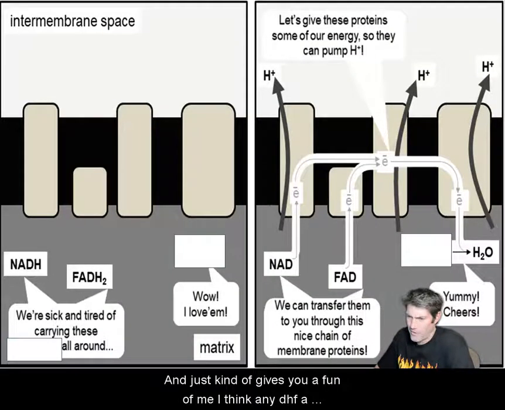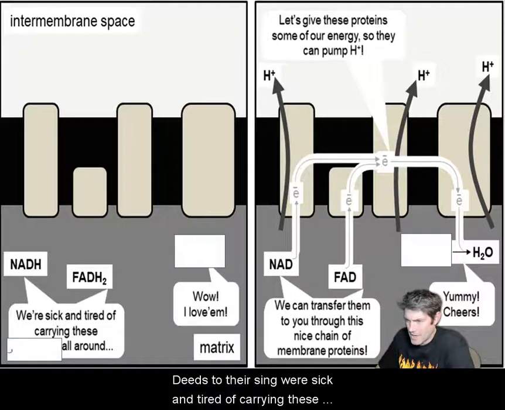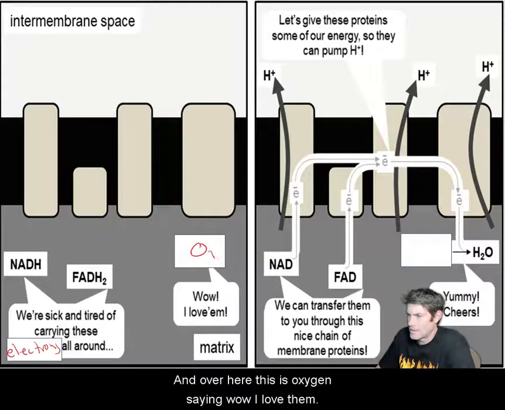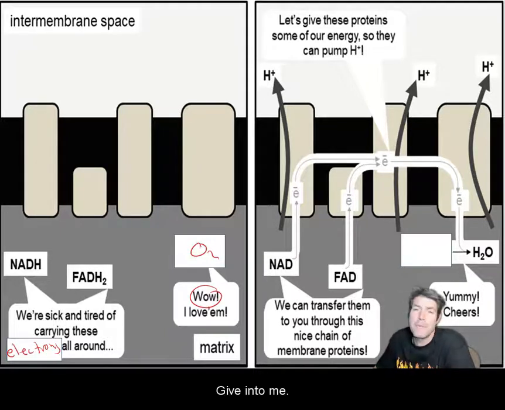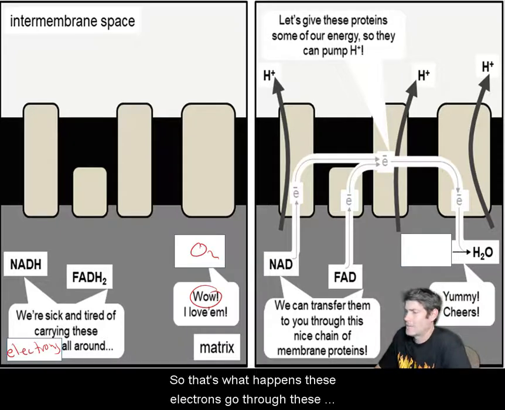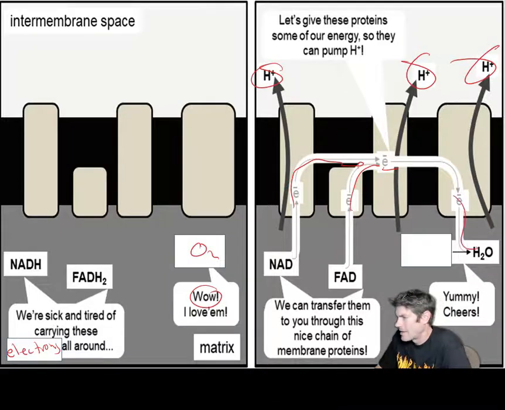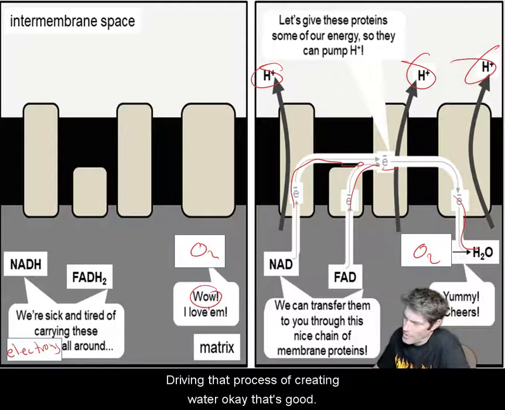And this kind of gives you a fun thing, I think. So NADH, FADH2, they're saying, we're sick and tired of carrying these electrons around. And over here, this is oxygen saying, wow, I love them. Give them to me. So that's what happens. These electrons go through these proteins like we just saw, pumping those hydrogens, then ends up driving that process of creating water.